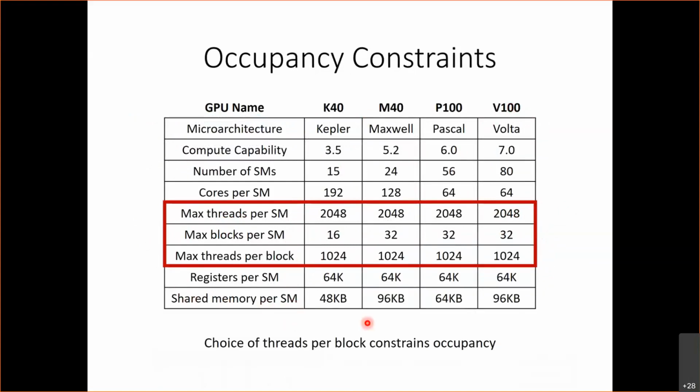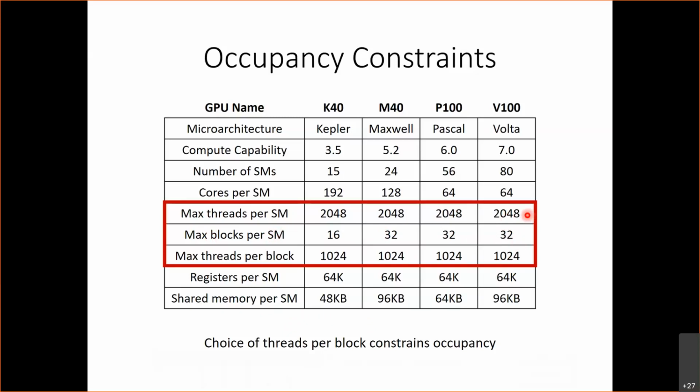But basically, the observation was that if I, for example, configure my thread block to have 32 threads, then the maximum number of blocks that I can have is 32. So 32 blocks times 32 threads is 1,024 threads. So if the size of my block is 32 threads, then I will only be able to have 1,024 threads running on my SM, which is less than the 2,048 threads, which is the maximum that is allowed.